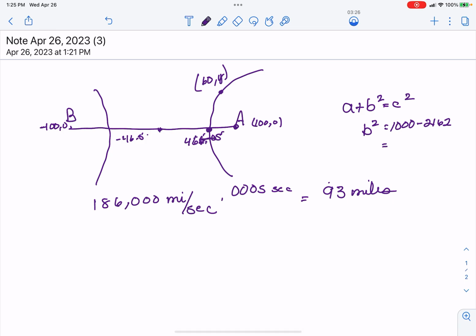So b squared is equal to 7,837.75, I believe.